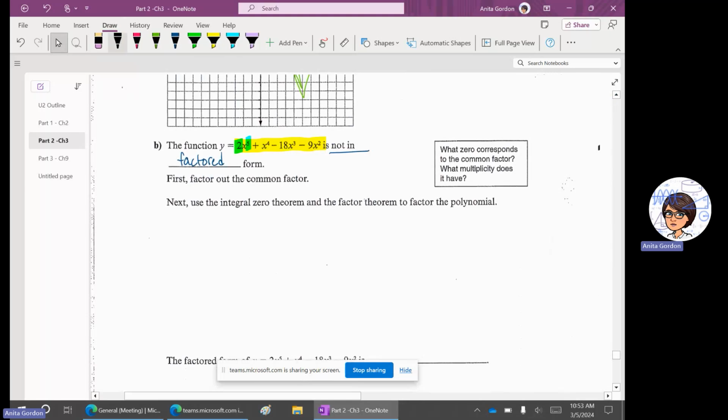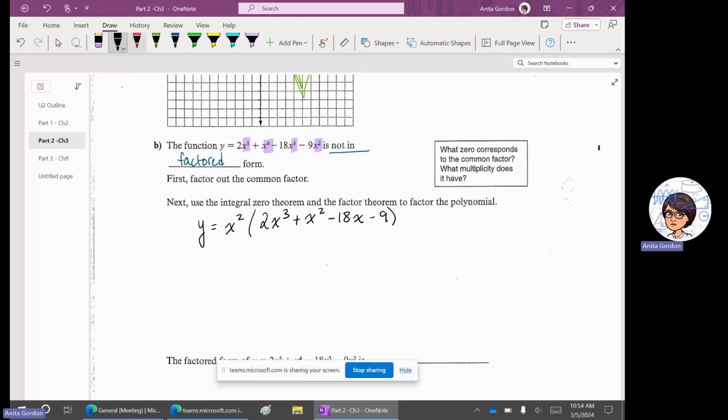So we're going to try and do some factoring here. First thing I notice, I'm just going to erase my highlights here, they all have x's in them. So right away I can pull out an x squared. So y equals x squared times 2x cubed plus x squared minus 18x minus 9.